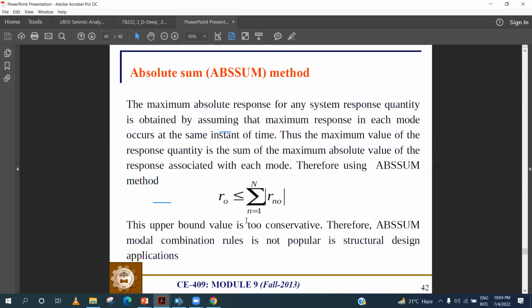One is the absolute sum. So you just add them, taking the absolute value and ignoring the negative sign. So you add them. This is one of the methods to add these different modes.